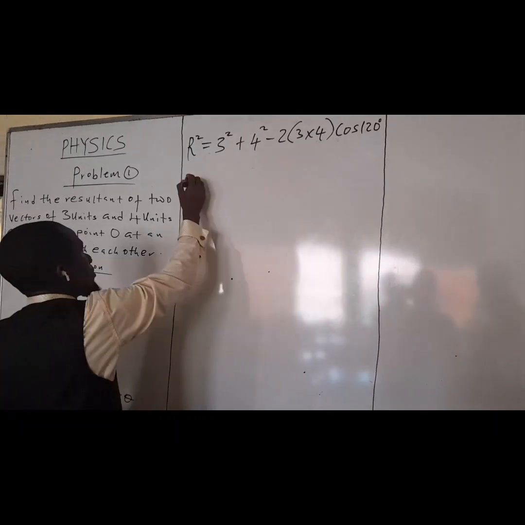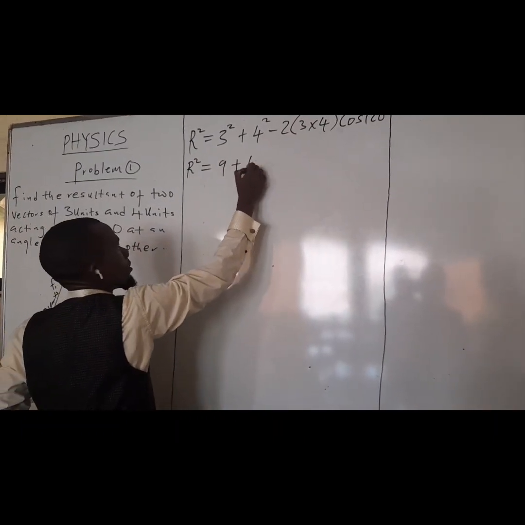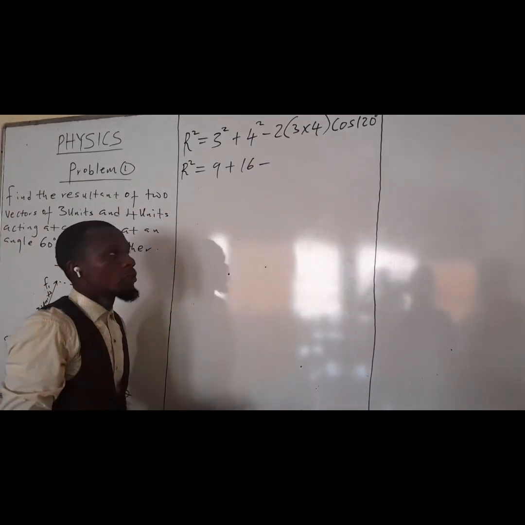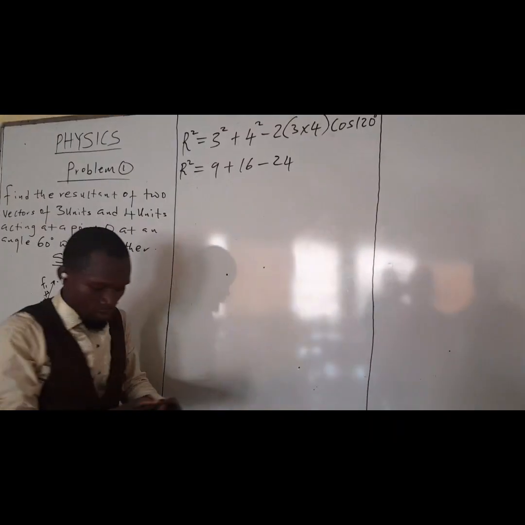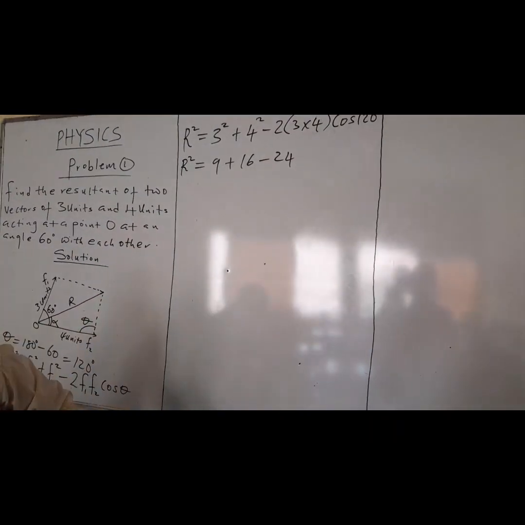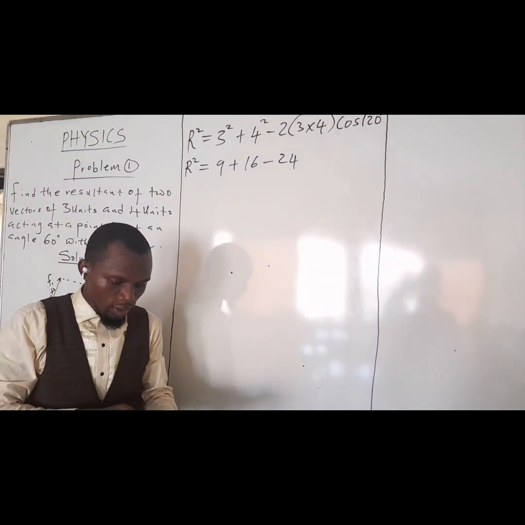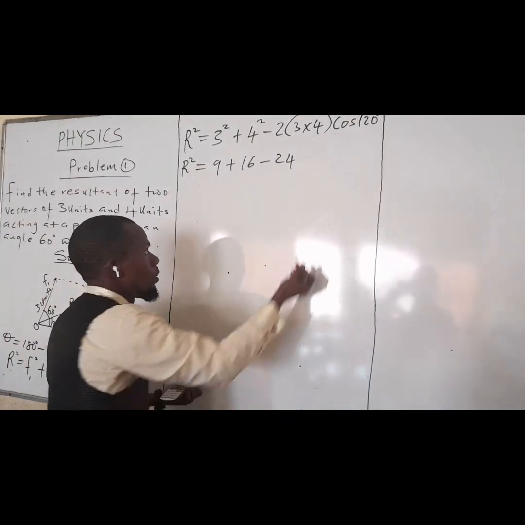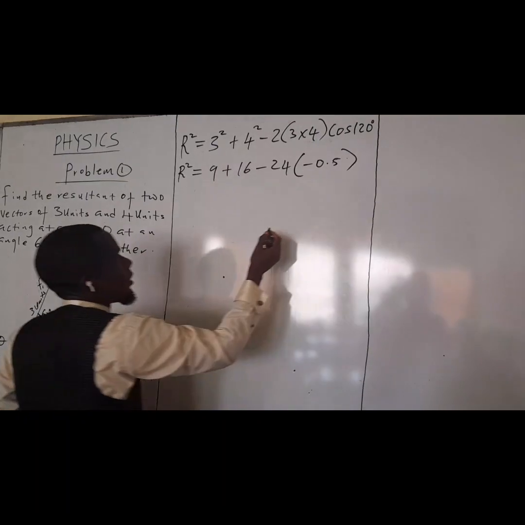Okay, let's proceed. So my R squared is equal to 9 plus 16 minus 3 times 4, 12, 12 times 2, 24. I have my 24. My cos 120, let me use my calculator. Cos 120 is minus 0.5. So open brackets minus 0.5. Right?